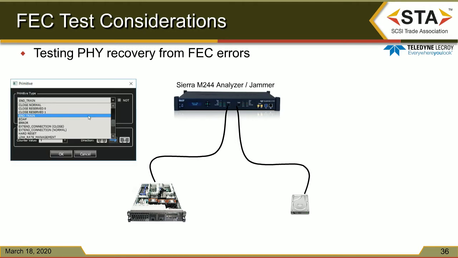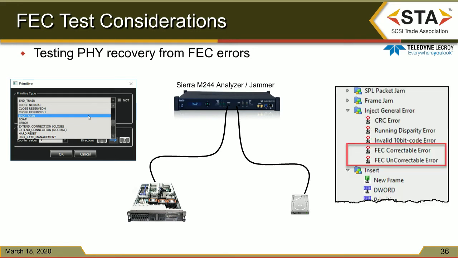You would then select which type of error you want to inject, as shown. You have the ability to insert a correctable or an uncorrectable FEC error. So this lets you force an error to basically see how the target handles it, and also any recovery that could happen at the system level.